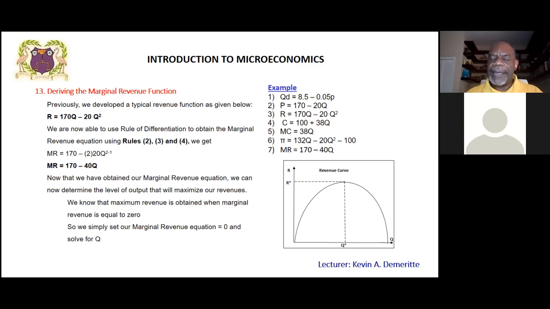So here's a method, 3 or 4 simple rules to finding the slope of those complicated curves. These rules will tell us what the slope is at any given point or any level of output associated with these functions.